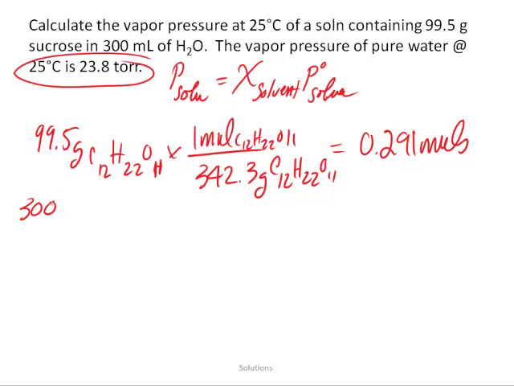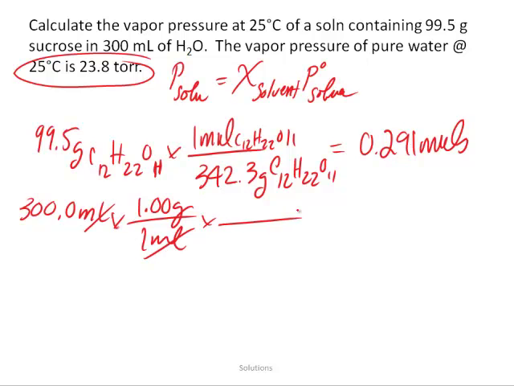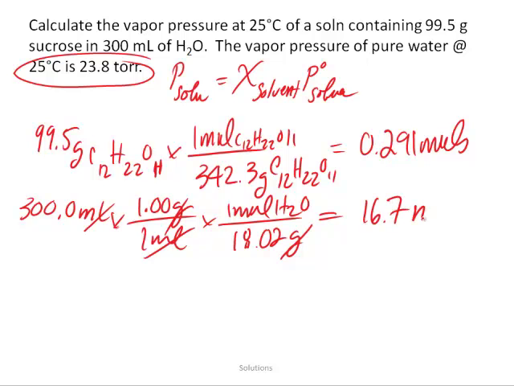Calculate the number of moles of water in 300.0 milliliters. We already know that the density of water is 1.00 grams per milliliter, so milliliters cancel out. Calculate the molar mass of water, and we find that 1 mole of water is 18.02 grams. And that gives us a value of 16.7 moles of water.